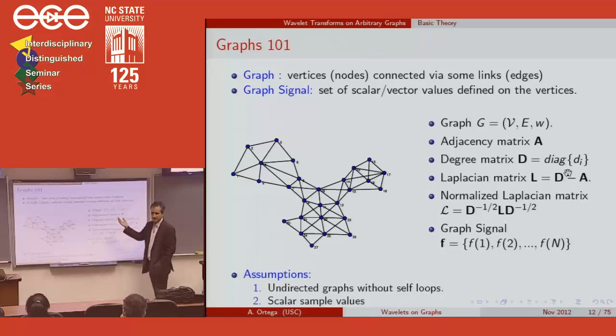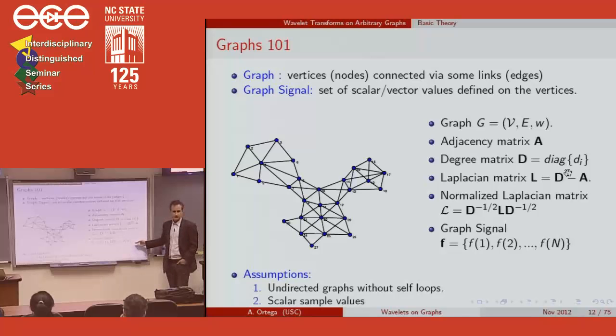So this is typically a fairly sparse matrix that captures the connectivity in between nodes. Then we have a degree matrix that is diagonal and has the degree of every one of the nodes in the graph. We define the Laplacian matrix. There's various flavors of the graph Laplacian, degree minus adjacency or normalized version. And this will be used, I'll describe how.